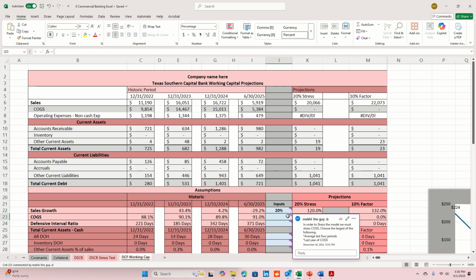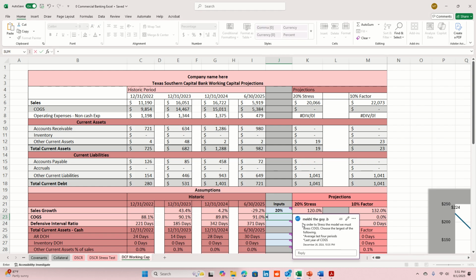So again, not to confuse you there, we're going to take the last year of cost of goods sold, which is going to be 89.8%, or the average of the last 4 periods. And what's going to be our deciding factor? Our deciding factor is going to be the largest of the two.